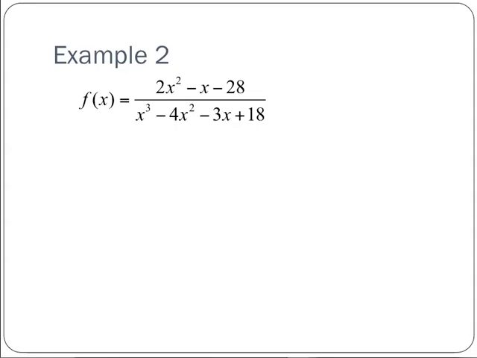The degree of the numerator is 2, the degree of the denominator is 3, so since the degree of the numerator is smaller, the end behavior is going to approach the horizontal asymptote y equals 0.